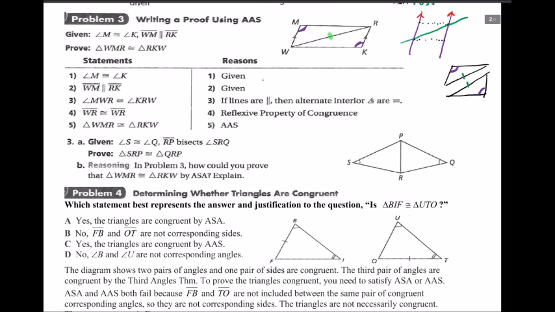I'm thinking it's going to be the alternate interior angles. Well, which alternate interior angles is it going to be? It's going to be this one right here and this one right here. So which angles are those on our triangles? It's this one right here and this one right here. We need to make those two. Those are twos.